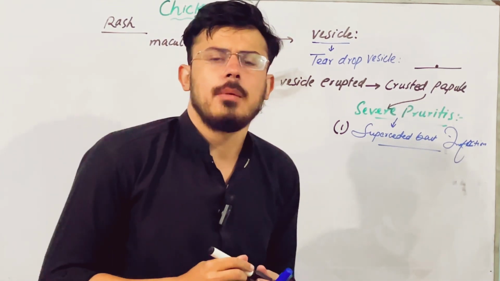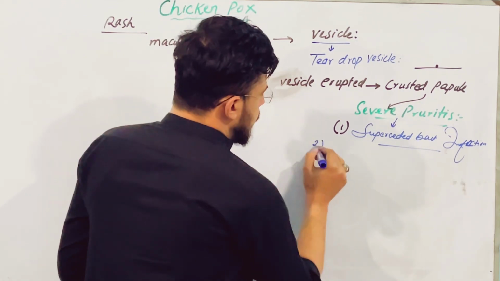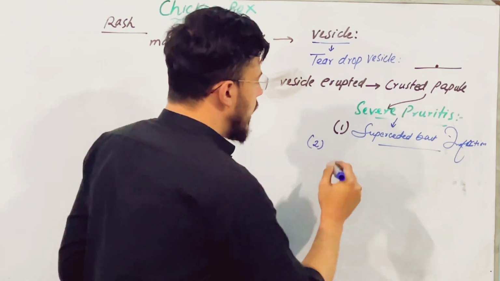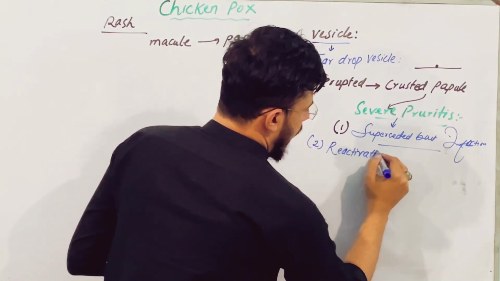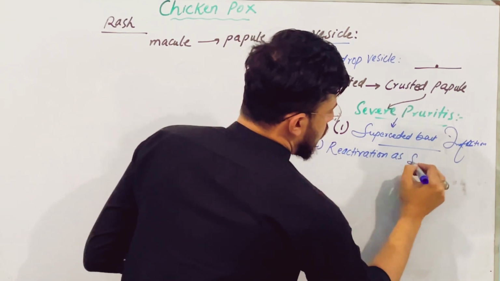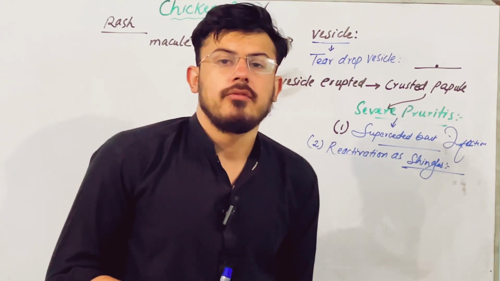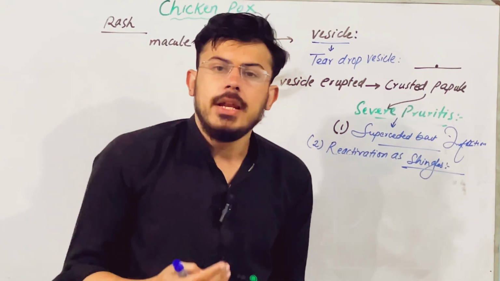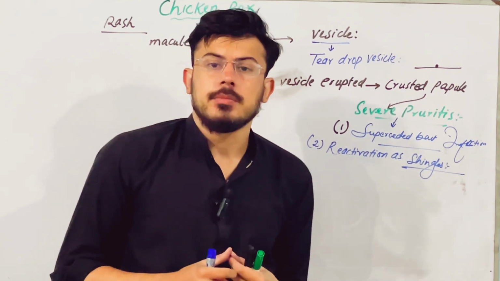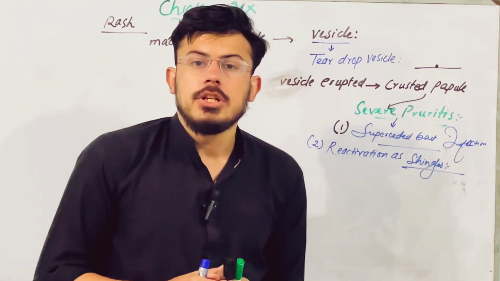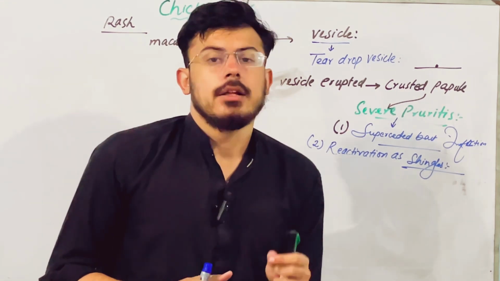What is the second most common complication? The second complication of chickenpox is reactivation, which is shingles. If someone has had varicella zoster infection, many years later these patients come to you with a complaint of sudden chest pain along with vesicular rashes in the dermatomal region of the chest, which does not cross the midline.